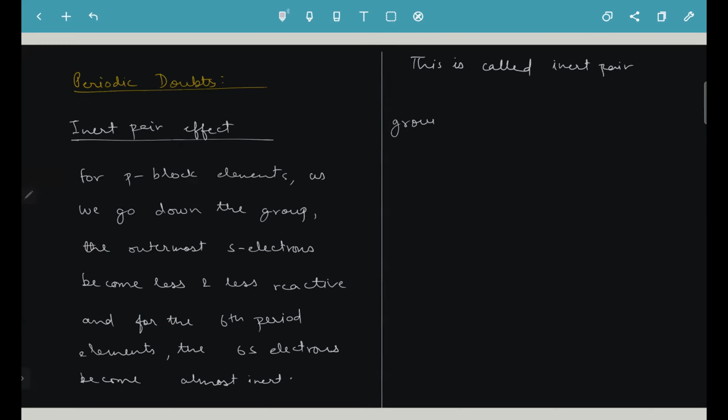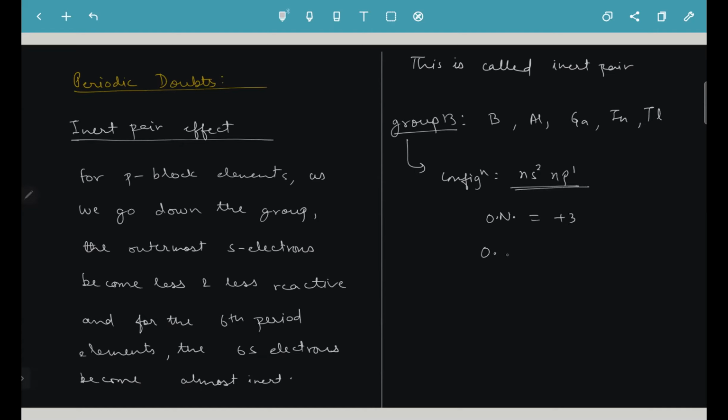Talking about group 13 elements: boron, aluminium, gallium, indium, thallium. The configuration of the valence shell is ns2np1. Normally, all 3 electrons take part in bonding. The common oxidation number shown by these elements is +3.